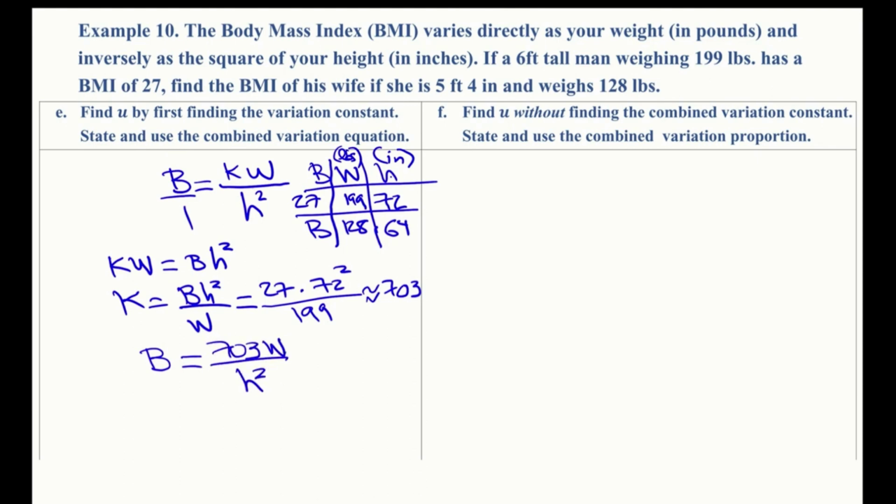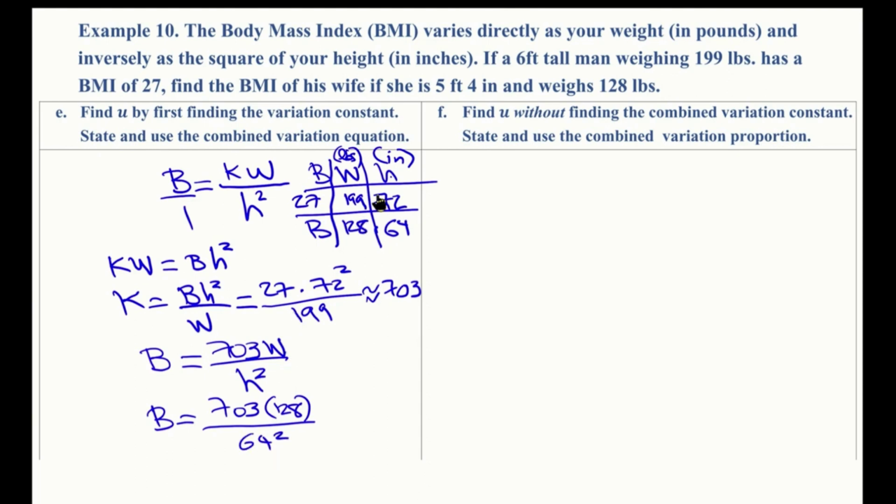So let's see if we can find the BMI for his wife. So we're going to have to plug in 703, and then W, the wife's weight was 128, and we need to divide that by the height squared, so 64 squared.